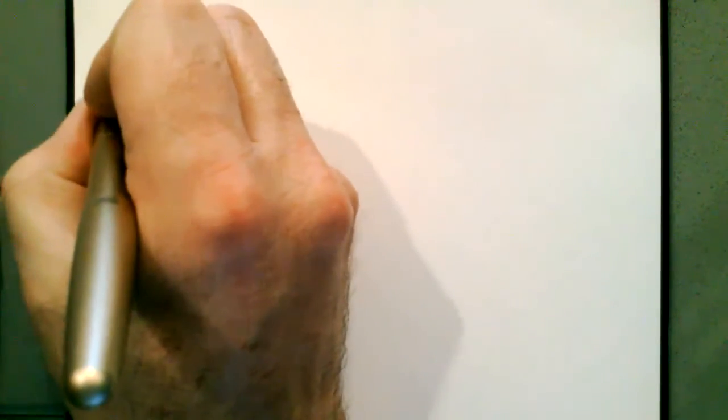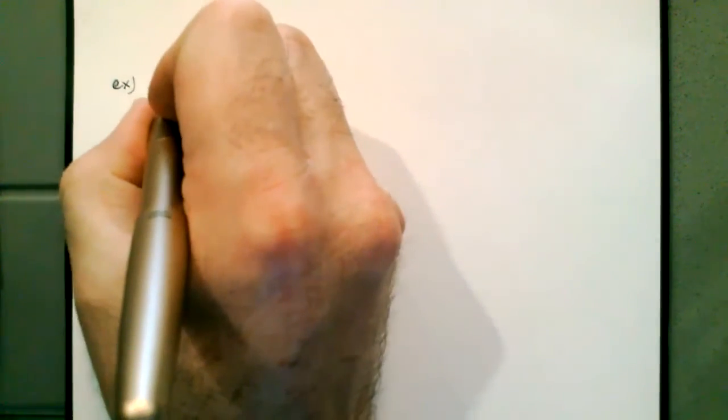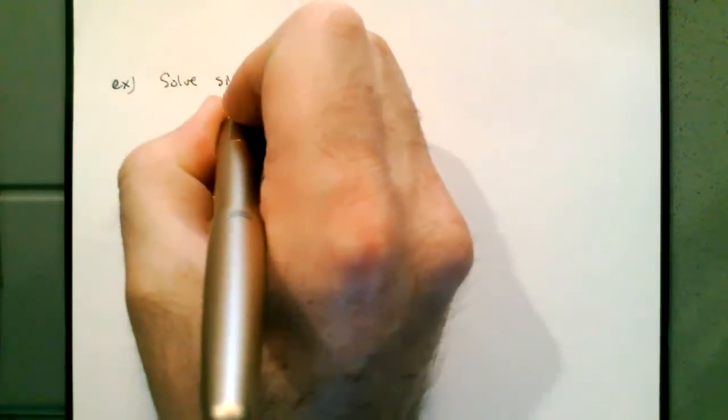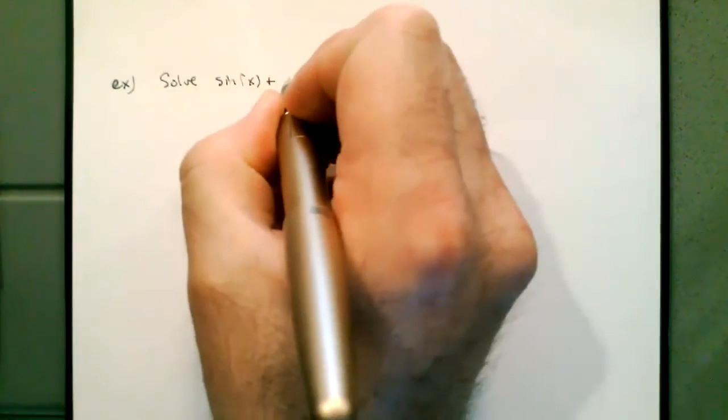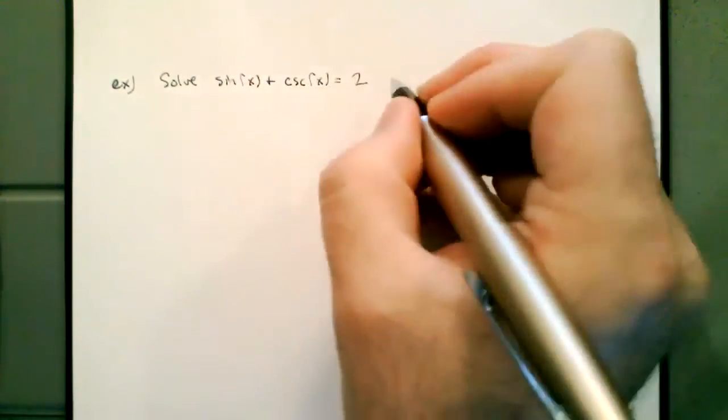Here's another cool equation that involves a similar strategy. So let's suppose we wanted to solve sine x plus cosecant x is equal to 2.